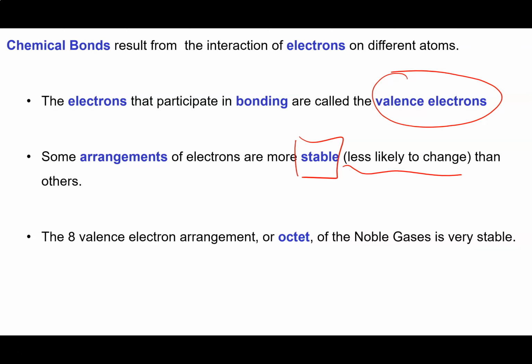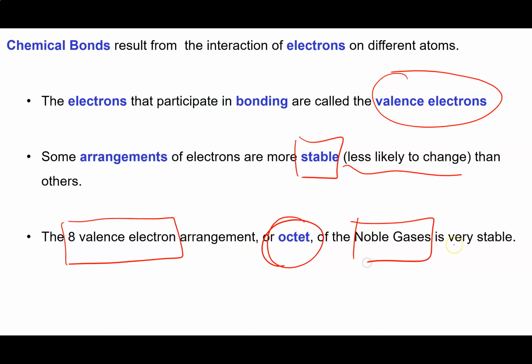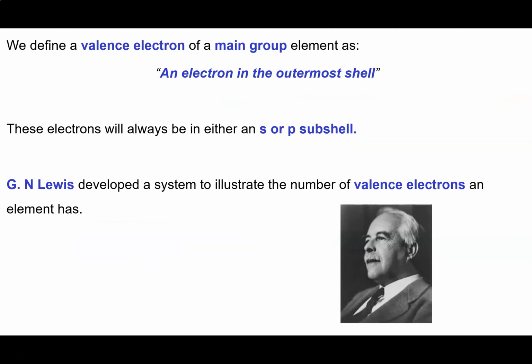In particular, what we recognize is that the 8 valence electron arrangement, or what we call an octet, of the noble gases is extremely stable. So if elements can obtain an 8 valence electron arrangement through forming molecular or ionic bonds, then they're going to become very stable and reactions will cease at that point.